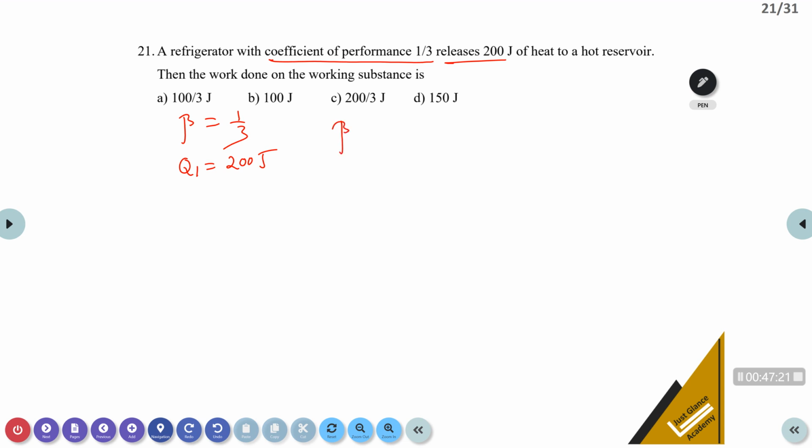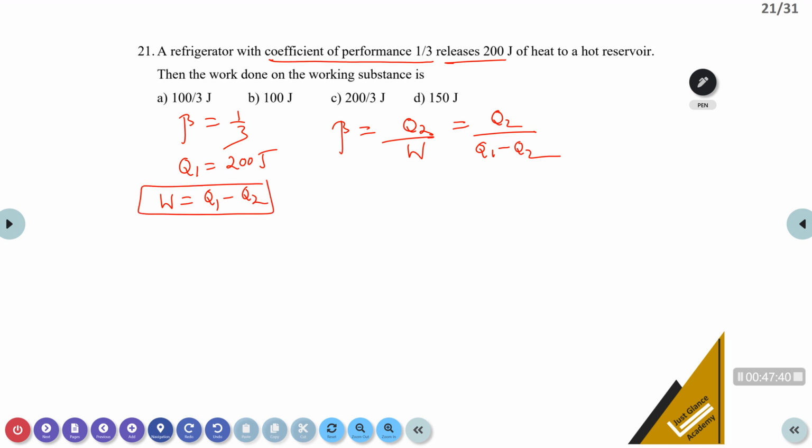We know the equation, beta coefficient of performance equal to Q2 divided by W. This is equal to Q2 divided by Q1 minus Q2. We know that W equal to Q1 minus Q2, even in the heat engine notes.